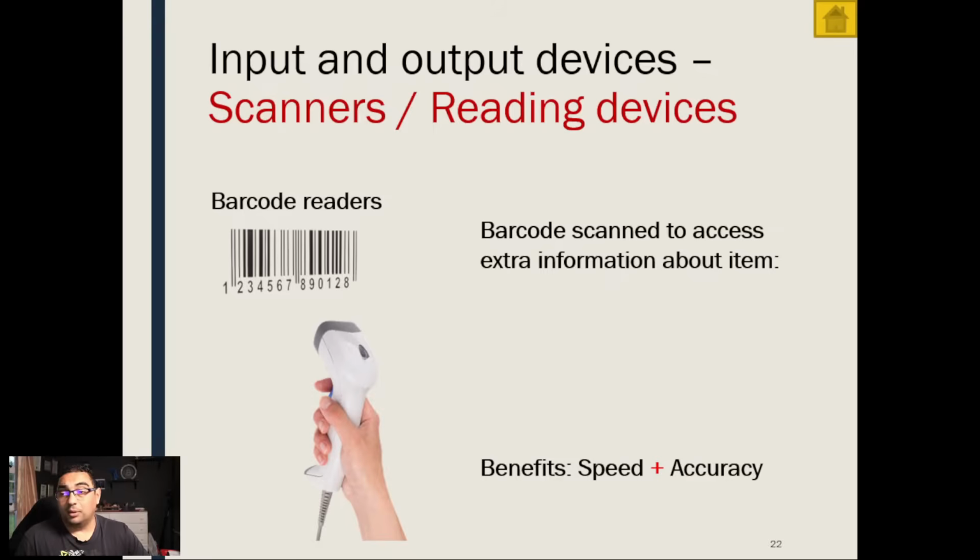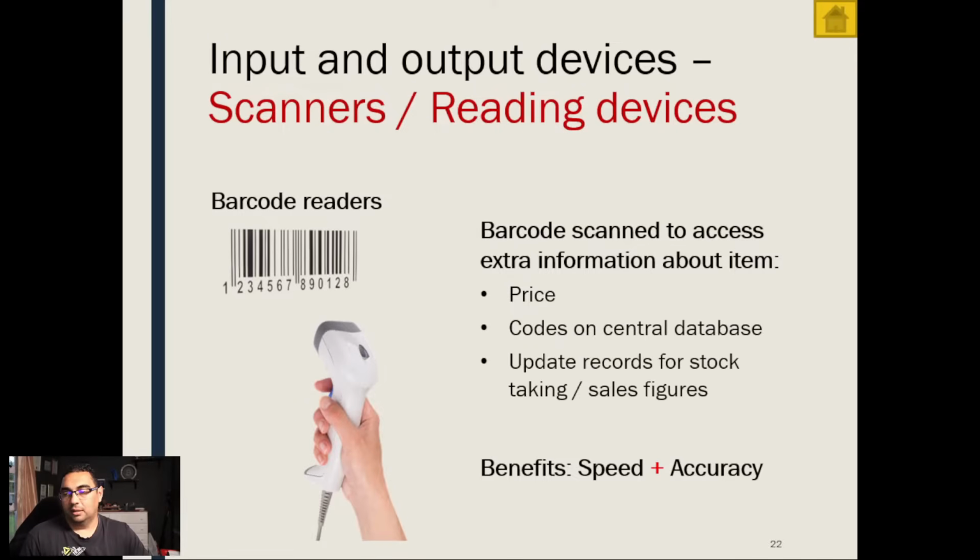Remember your barcode readers, what they do. Remember, they store information. So when you scan that barcode, like at the till, the individual scans the barcode, and what comes up, the price and the details of that particular product. So there we see. And what it also does is it updates the central database. So when you purchase a can of baked beans, you bought in bulk, you bought like 10 tons of baked beans.